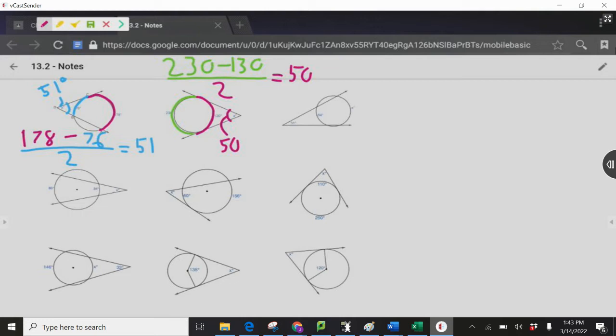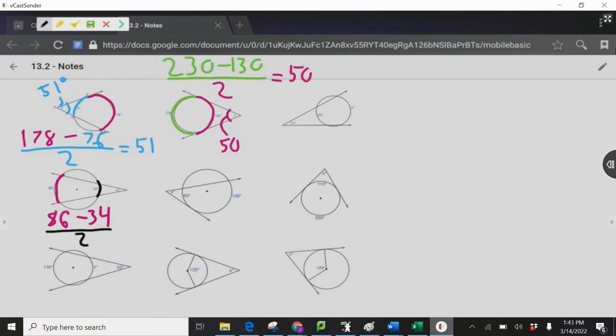So Ozzy, on that first one, I have 86 minus 34. That's the major arc minus the minor arc. Subtracting and then dividing by 2. So I've got 86 minus 34, and that's going to give me 52.